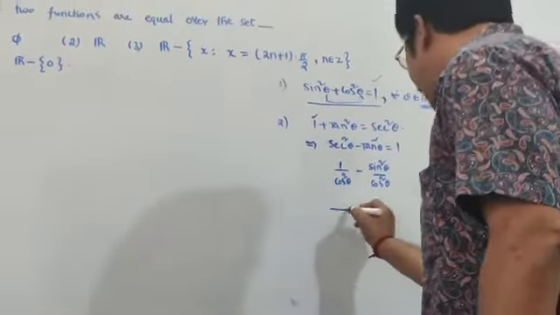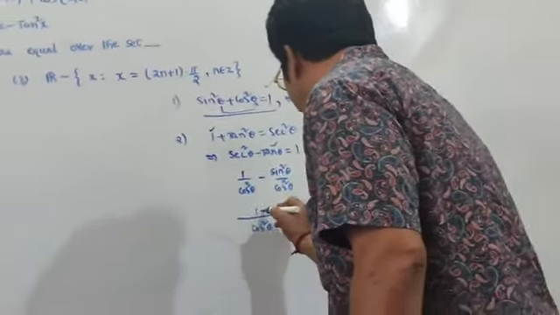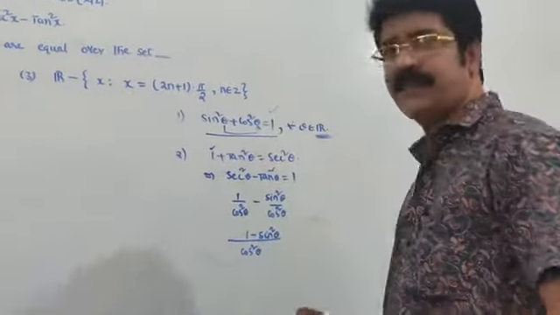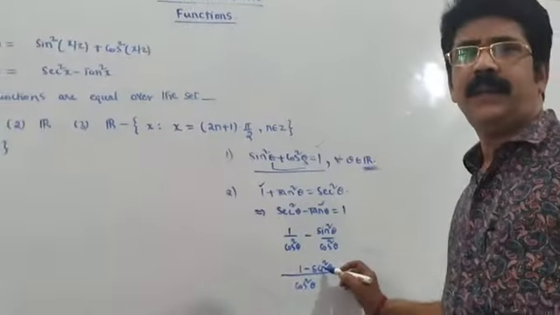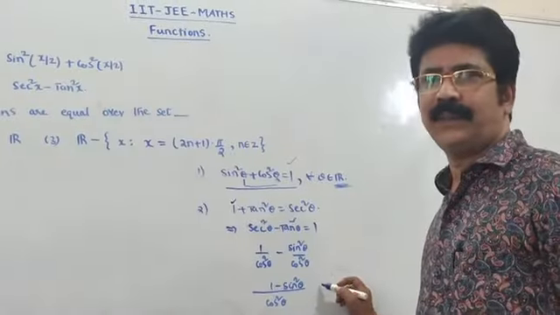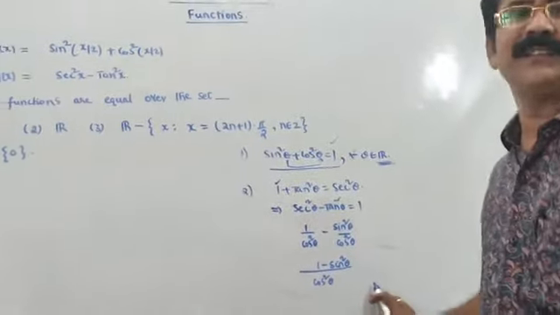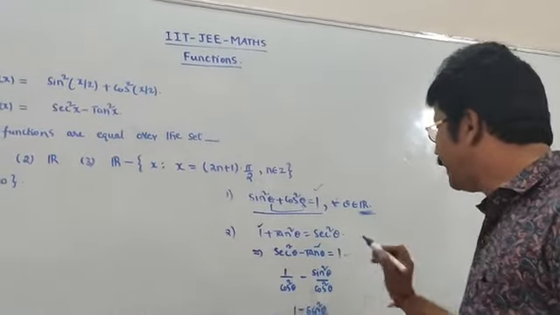On taking LCM, the denominator becomes cos square theta, and the numerator is 1 minus sin square theta, which is equal to cos square theta. So numerator and denominator both contain cos square theta, then we can cancel easily and get 1.